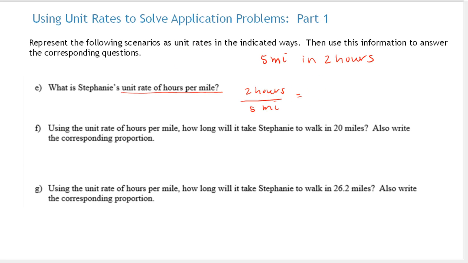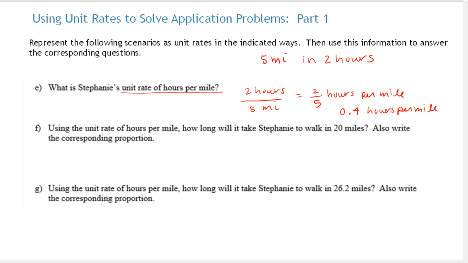And again, we can think of this as 2/5 hours. Okay, so it's like we're taking away the 5 from the miles and thinking of it as a fraction of hours to make this per 1 mile. Or equivalently, this is 0.4 hours per mile.